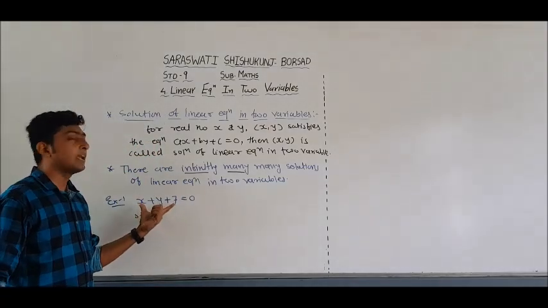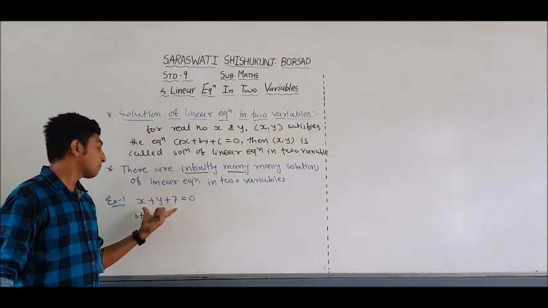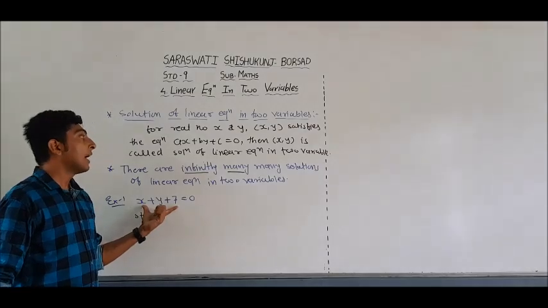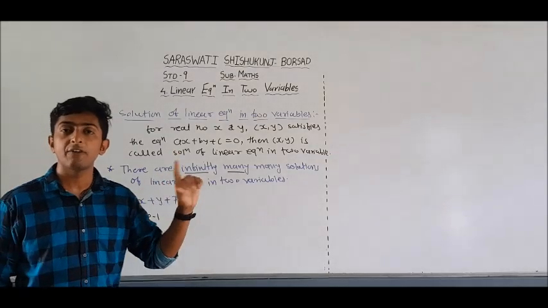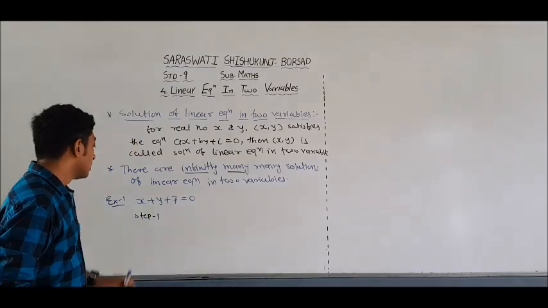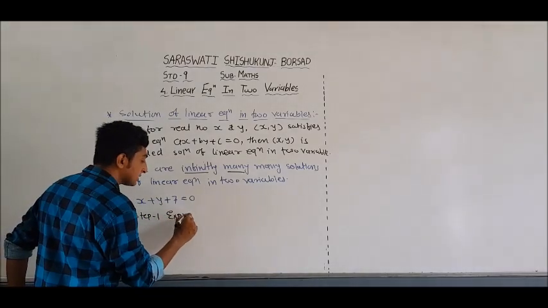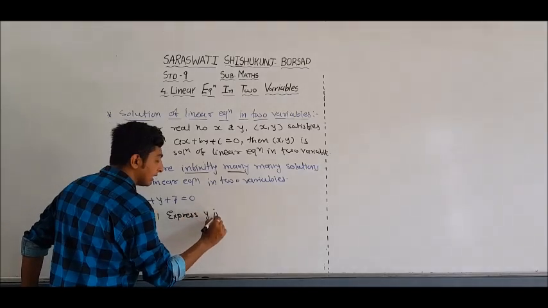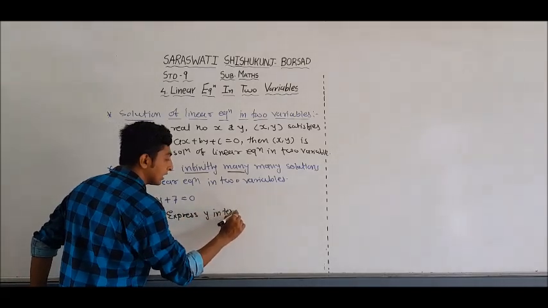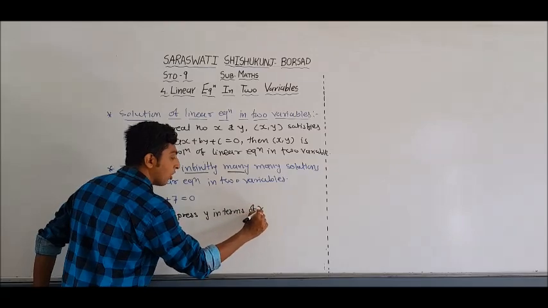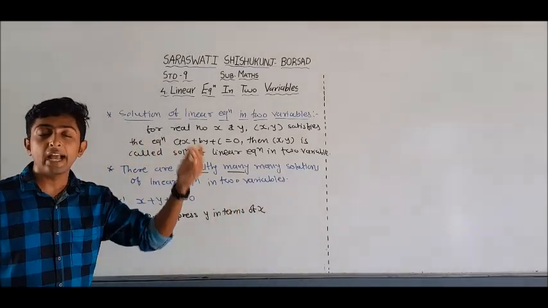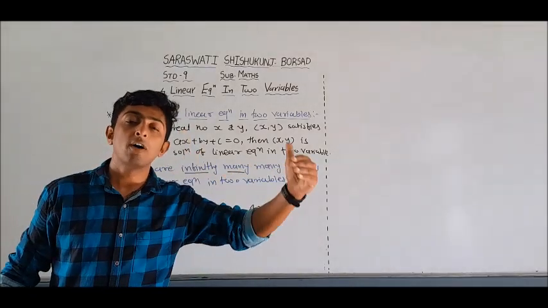Here the equation x plus y plus 7 equal to 0 is already given in standard form. So step 1 is express y in terms of x, or you can also say express x in terms of y.